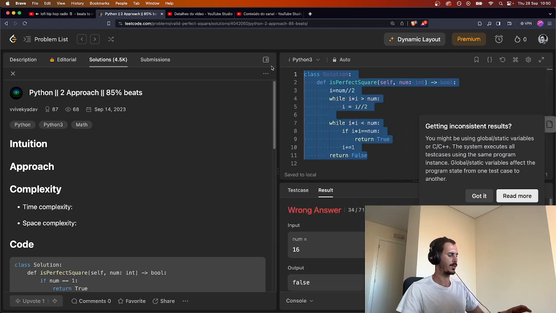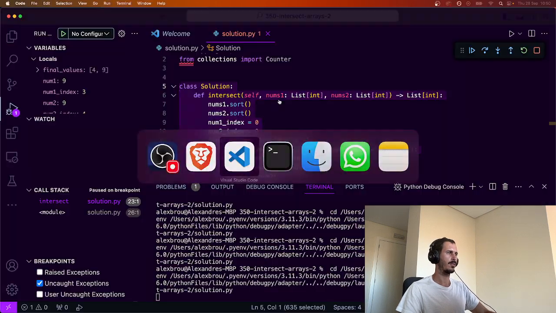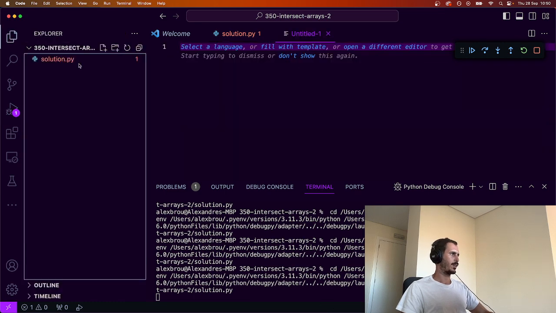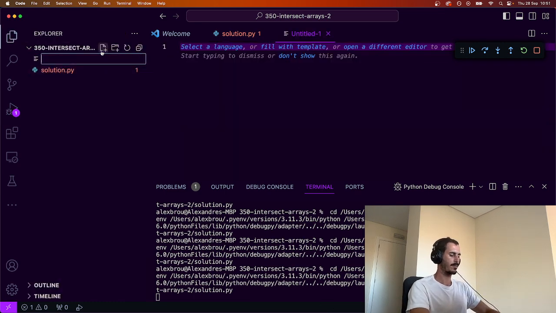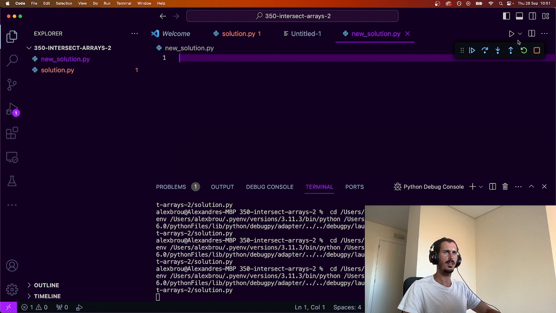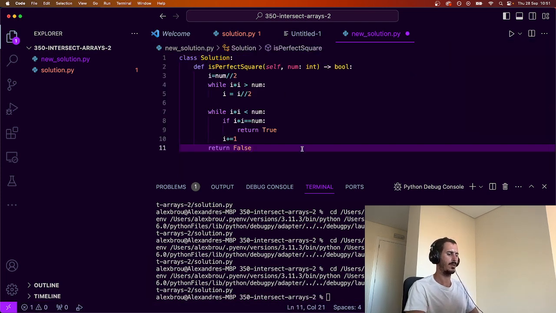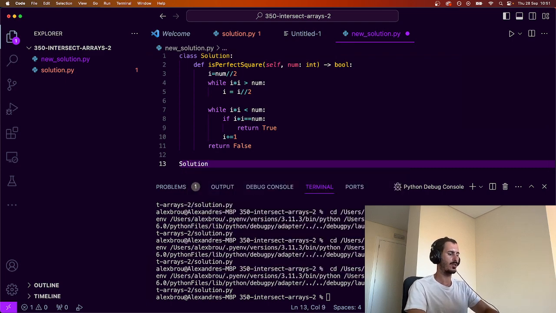Why is this false? I'm just going to create a new file here. Should be more organized now, but I'm in the middle of this. So solution dot is perfect square 16.